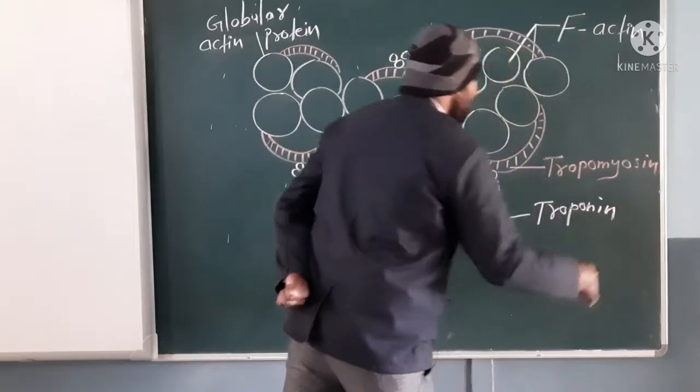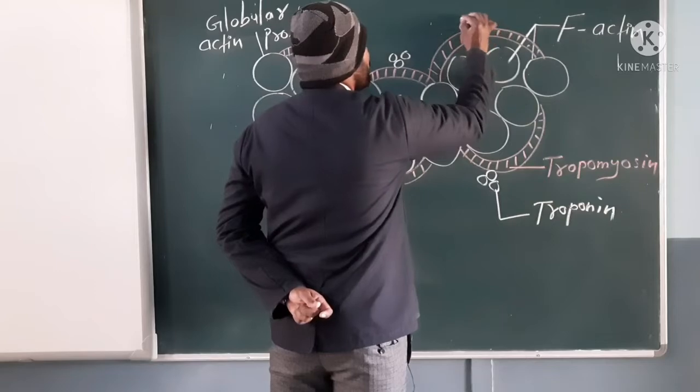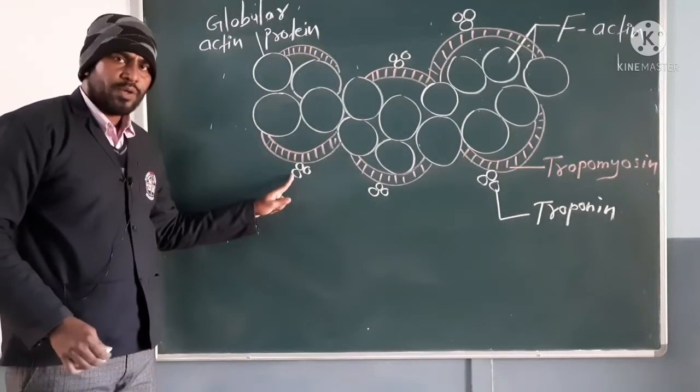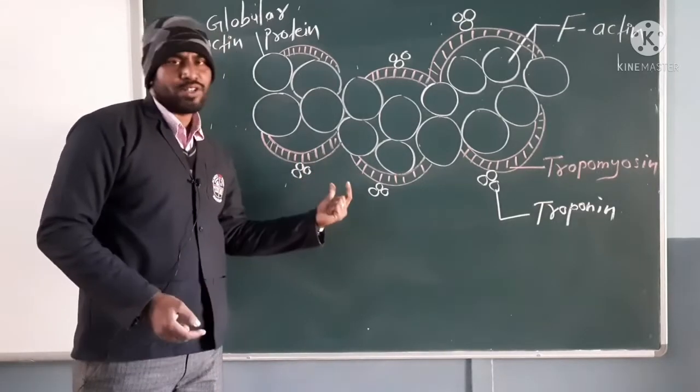So these three different types of proteins are arranged in this pattern. This troponin is going to be distributed in an interval manner.